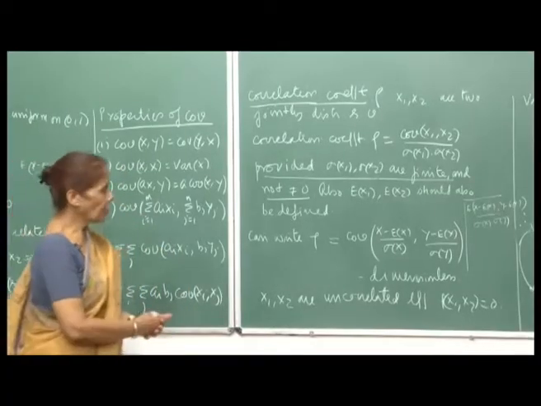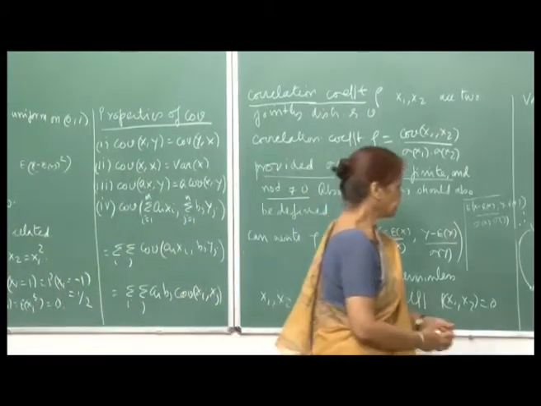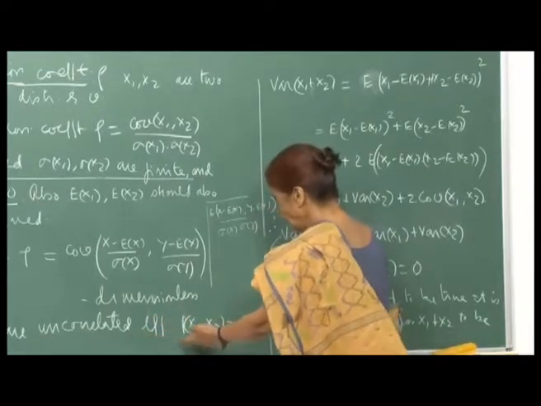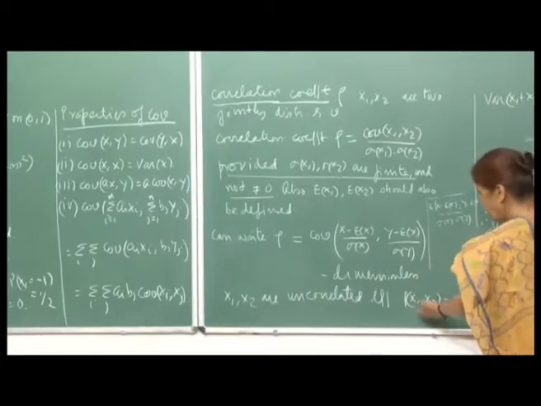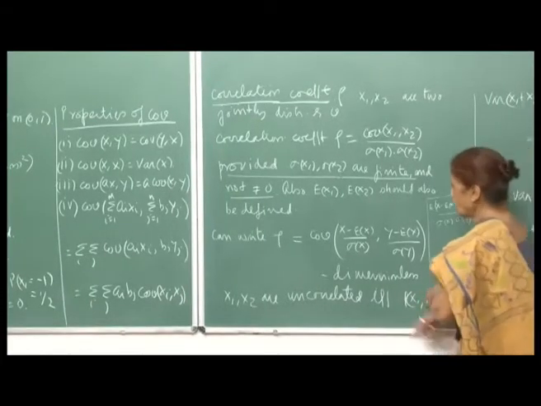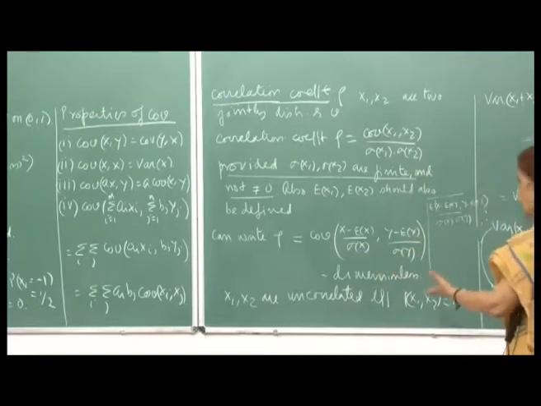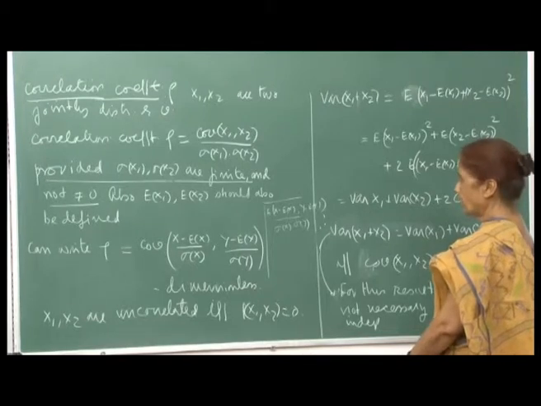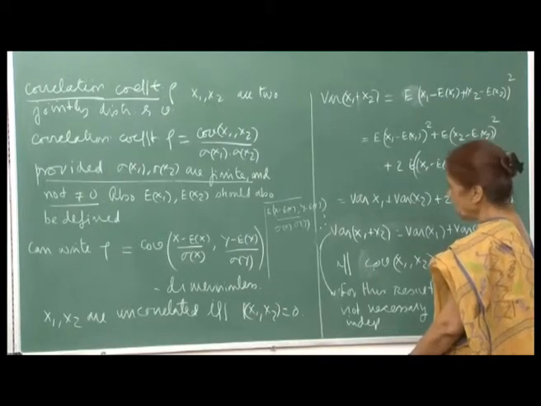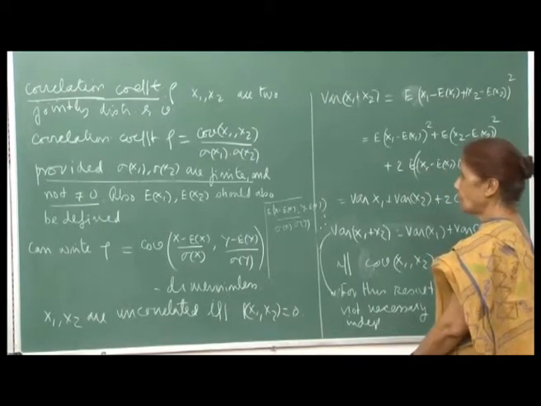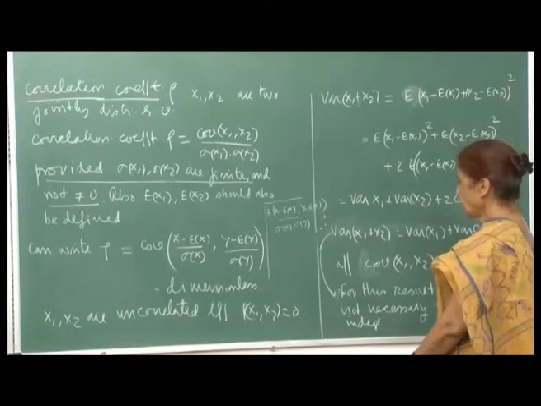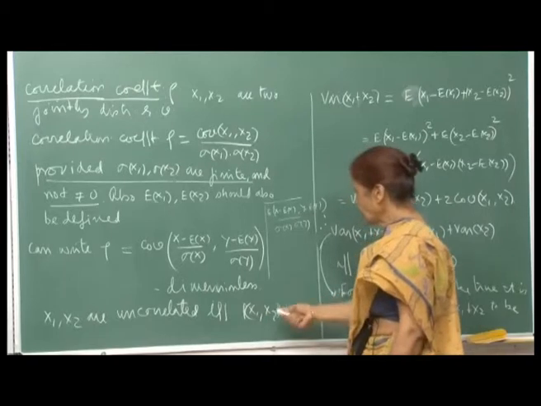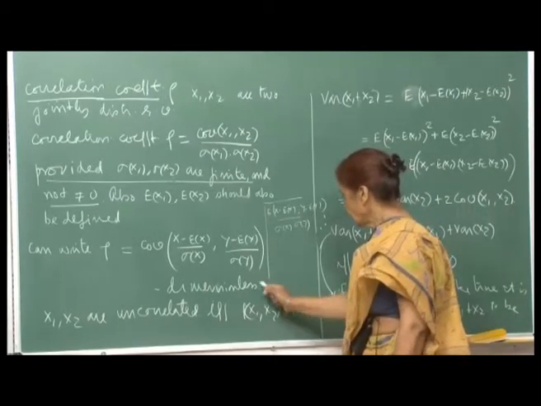Therefore, we have coined this word: two variables are uncorrelated if and only if the correlation coefficient, as we call it, rho, is 0. So, this is our terminology, that x 1 and x 2 are uncorrelated provided the covariance is 0 between the two random variables.